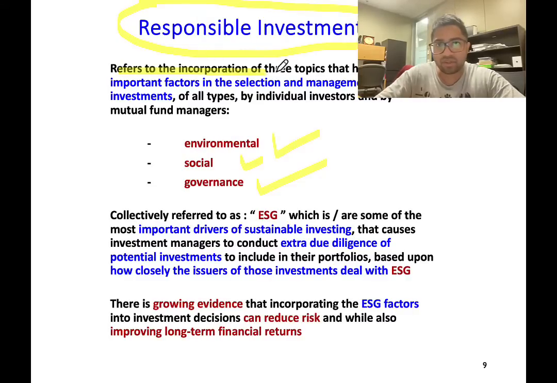It refers to incorporation of three topics that have become important factors in selection and management of investment, of all types, by individual investors and by mutual fund managers.